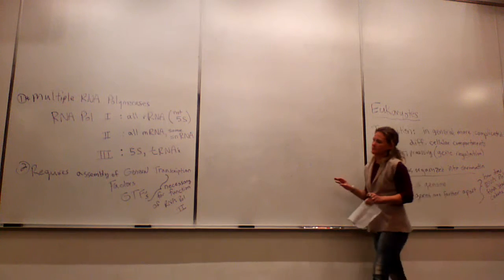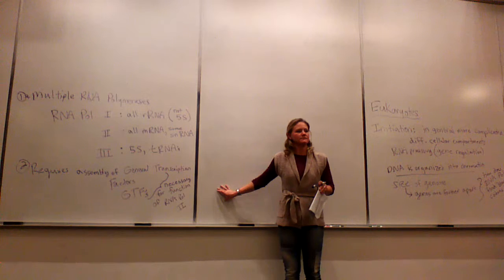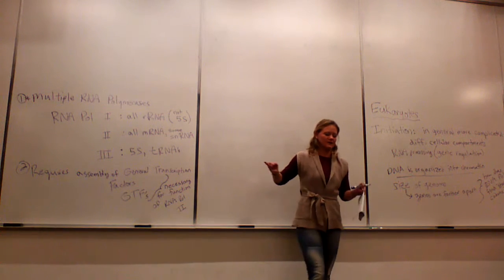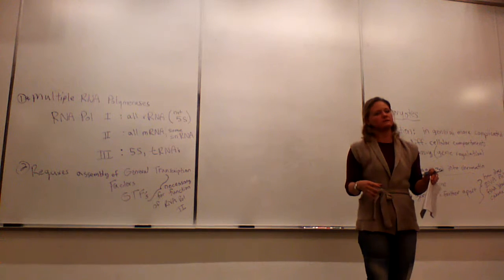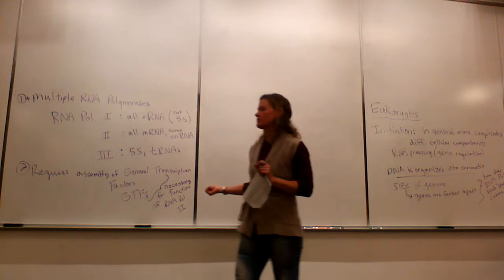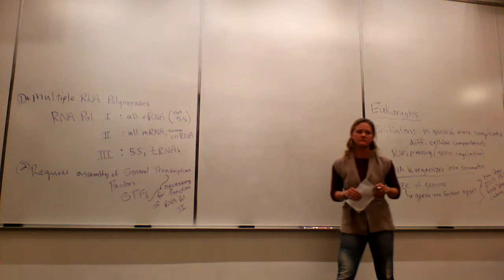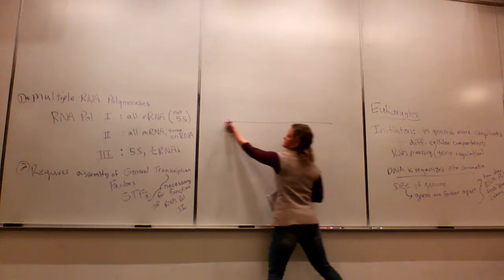So, next piece, we're okay with this? Okay. For initiation, we have to think about where that start codon is located in terms of the promoter sequence, because we talked about promoter sequences in prokaryotes. So eukaryotes, say we have a stretch of DNA.